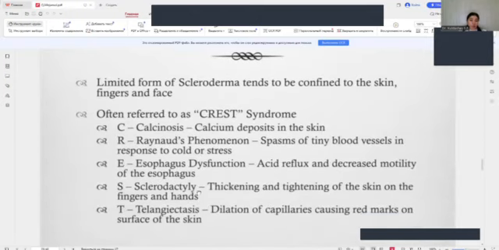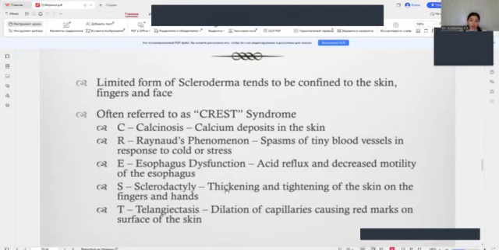So, the limited form of scleroderma tends to be confined to the skin, fingers, and face, often referred to as CREST syndrome. C is calcinosis, calcium deposits in the skin. R is Raynaud's phenomenon, spasms of tiny blood vessels in response to cold or stress.